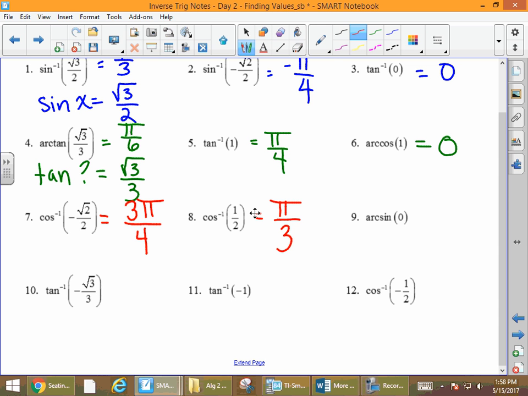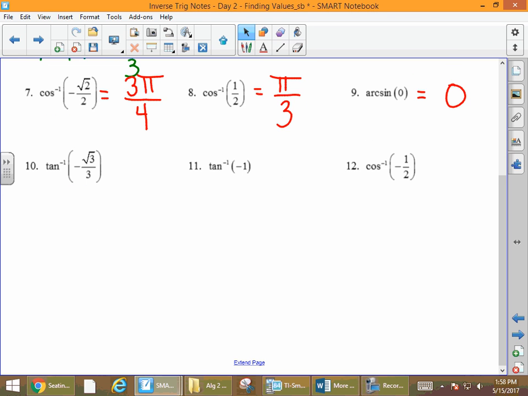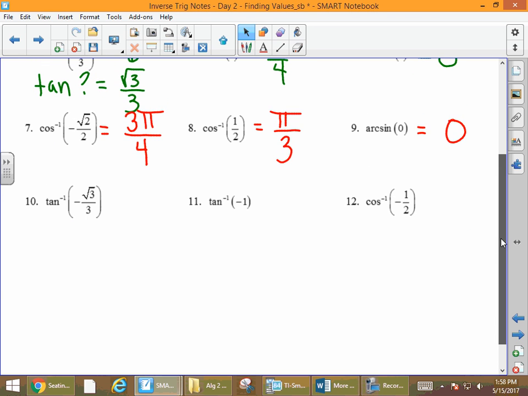Arc sine of 0. Well, arc sine of 0, kind of following a pattern here. If you look at 3 and 6, it still is 0. Sine of what angle equals 0? Still 0. Down here in tangent.